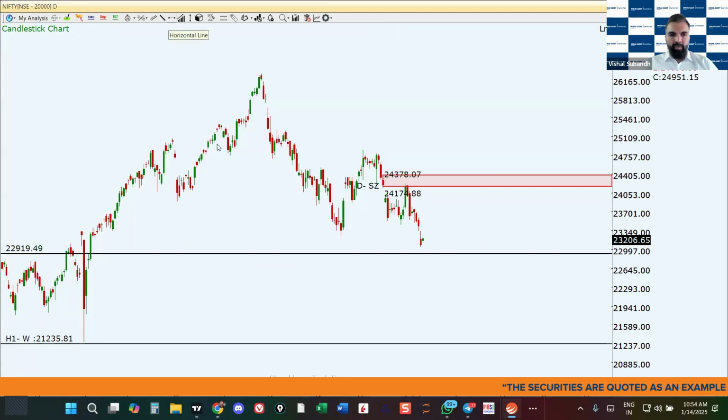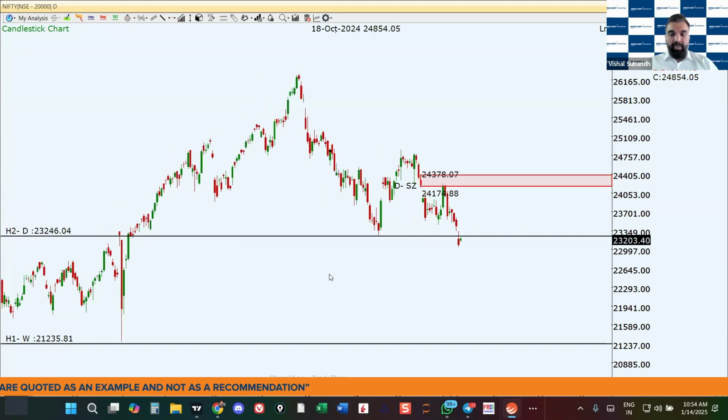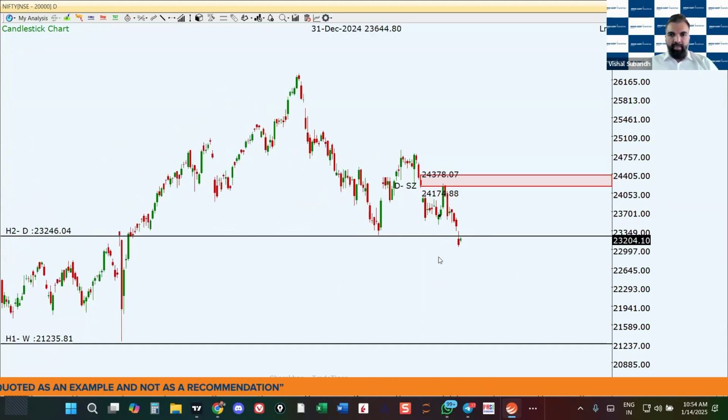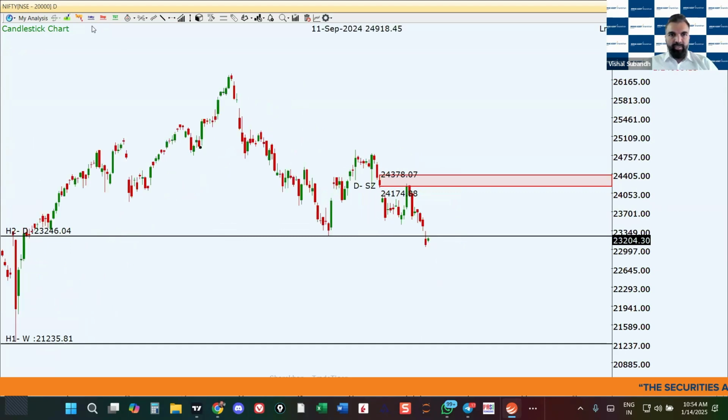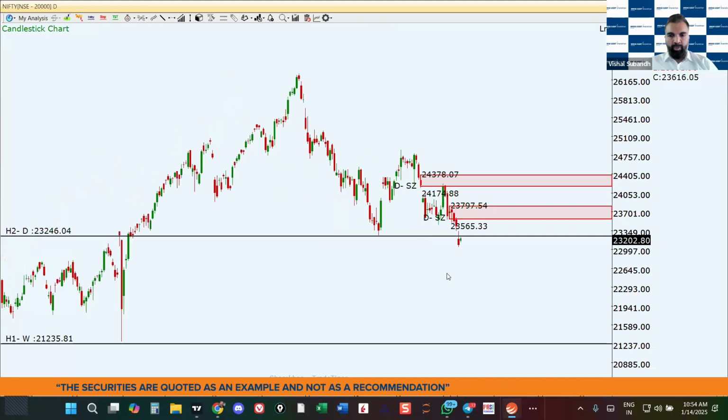Usually when price breaks a strong support or strong resistance, technical analysis looks at it in a way where the price from the opposite side will come back and retest it as a resistance to move further down. So we might also expect to see the same thing. In case the price does bounce, it might tend to retrace towards this area over here, which is this drop-base-drop, and then might continue to move further to the downside.